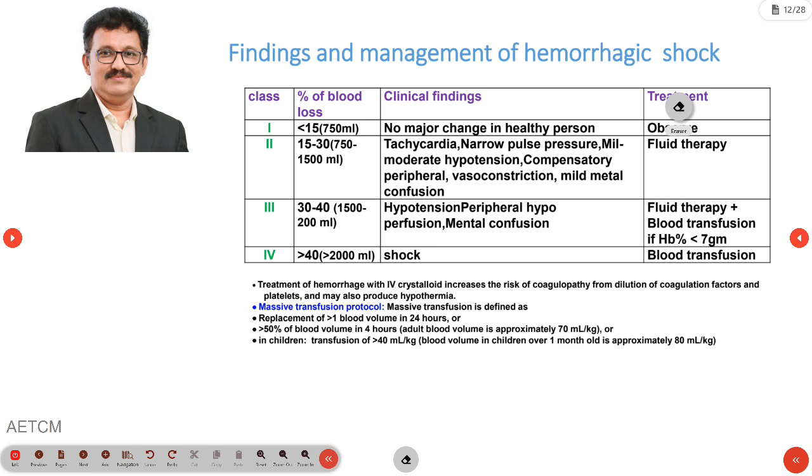You can see here a lot of peripheral findings and cardiac findings will be there. Depending on that, you can select either to observe the patient or IV fluid therapy with blood transfusion alone. So, if the hemoglobin percent is less than 7, definitely you need to transfuse in trauma patients.